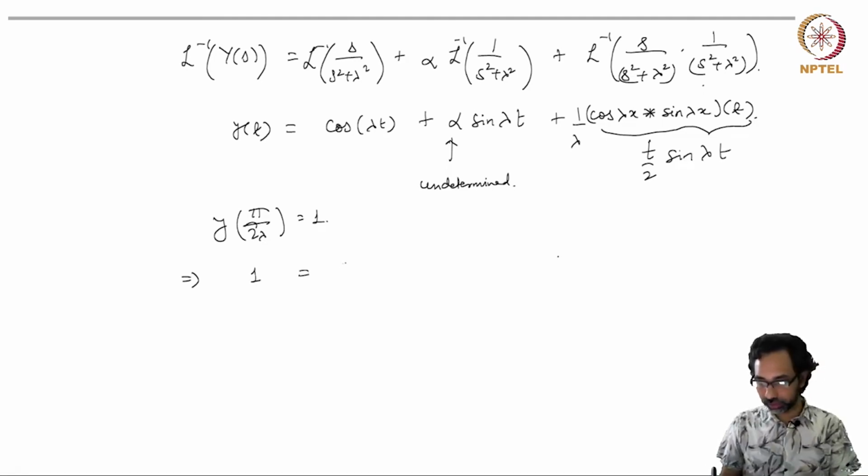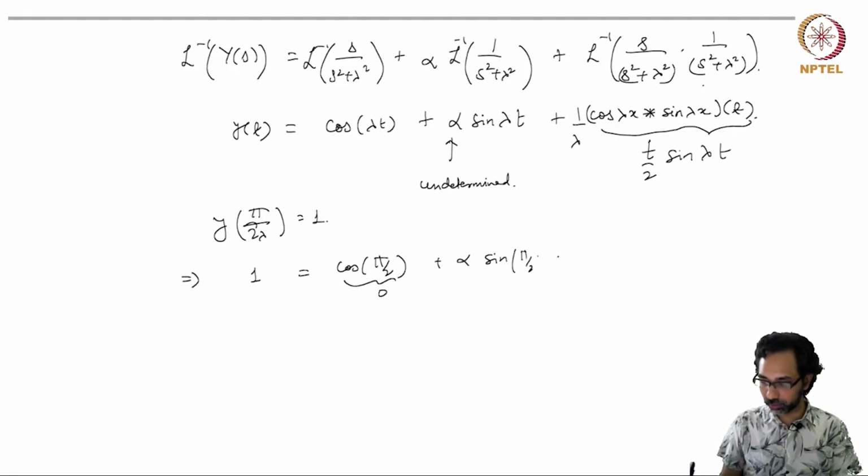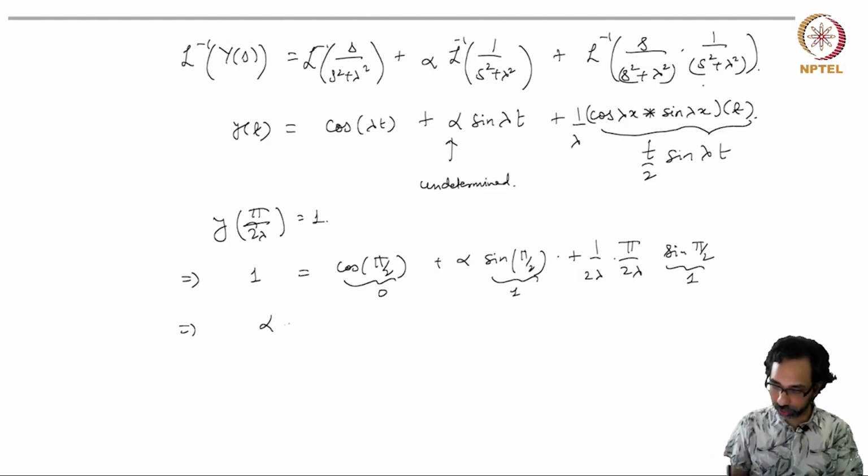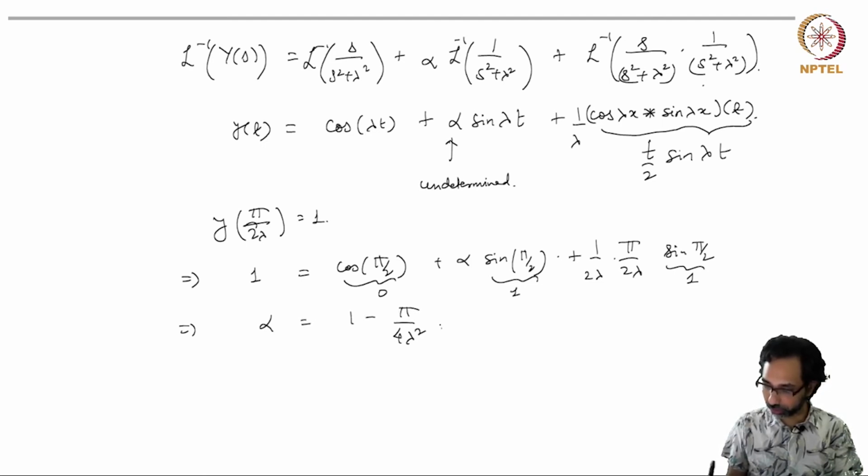The first term is cos of pi by 2, this is 0. Then you have alpha sine of pi by 2, this is 1, and the third term is t by 2 lambda, so 1 over 2 lambda times pi over 2 lambda sine of pi by 2. This is also 1, and so we get alpha is 1 minus pi by 4 lambda squared.